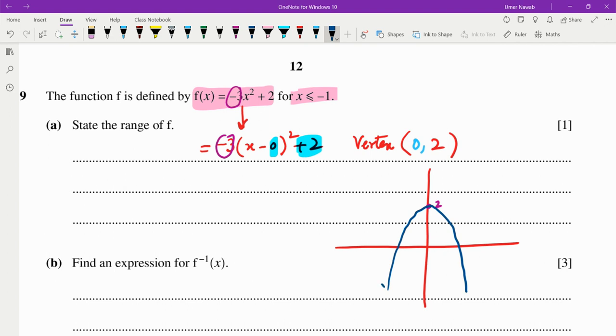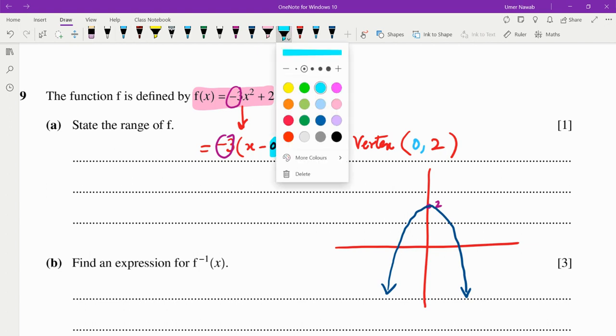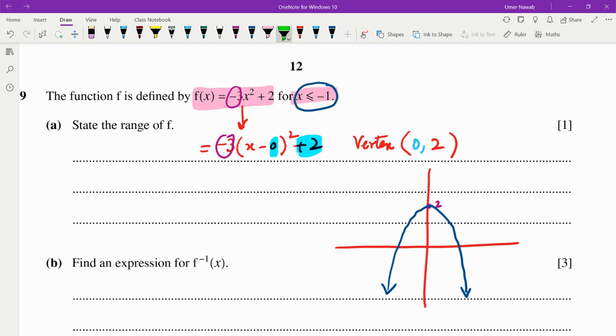Now if I draw this parabola, then it means that my domain is the set of real numbers, but he is not taking the whole real line. He is taking the values of x which are less than or equal to -1.